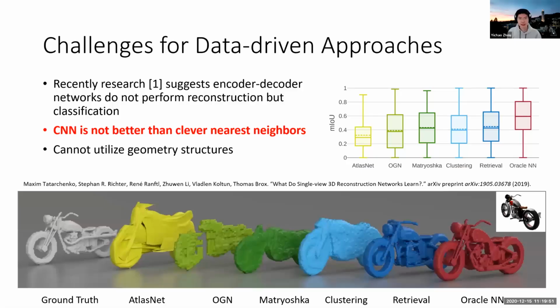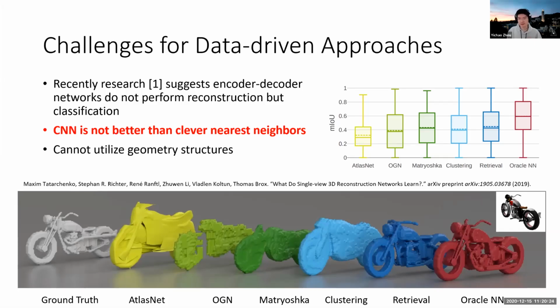However, this data-driven approach has its own problems. This is a recent research from Brox's group. They suggest that this kind of neural network with encoder and decoder structure does not really perform reconstruction, but just does some kind of classification. So they designed a simple baseline: they try to assign a model in the database to each image.